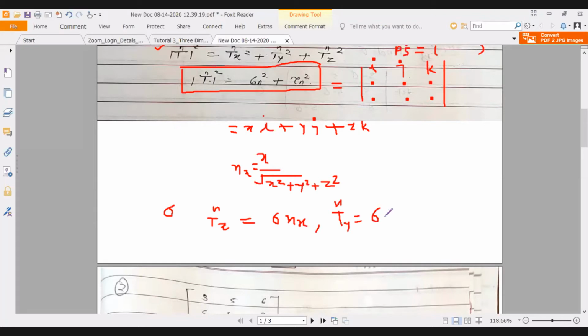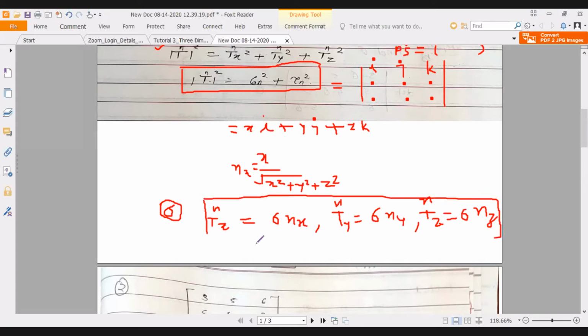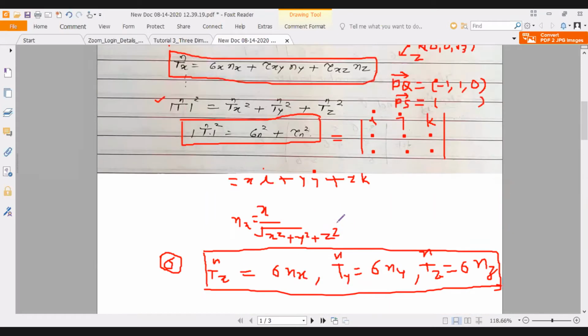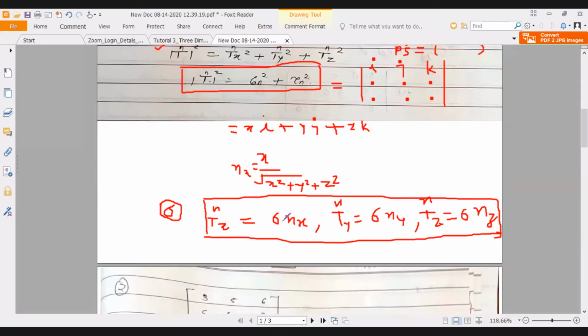So this is sigma Ny, and this is Tz equal to sigma Nz. So if sigma is your principal stress, then the Cauchy stresses also satisfy these three relations. Now we have these three relations and those three relations. So with the help of these six equations, what can we write?